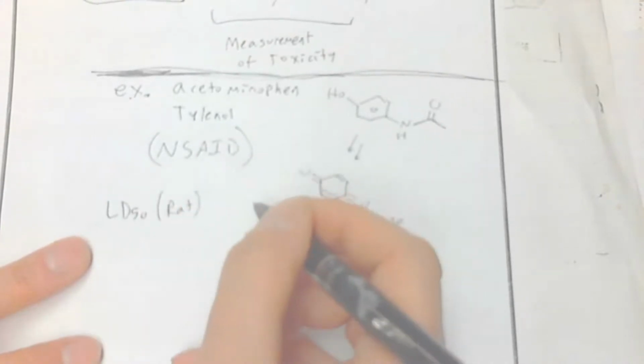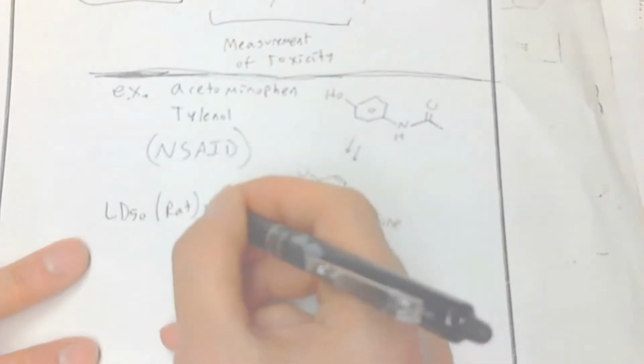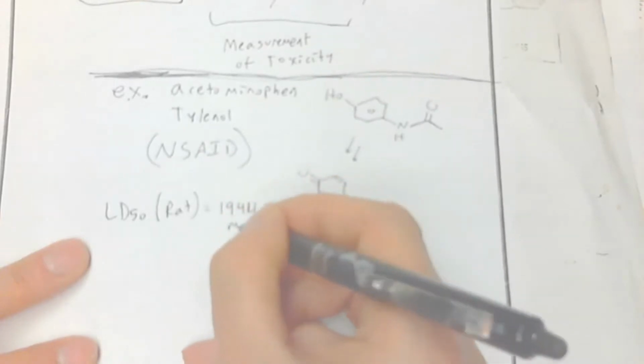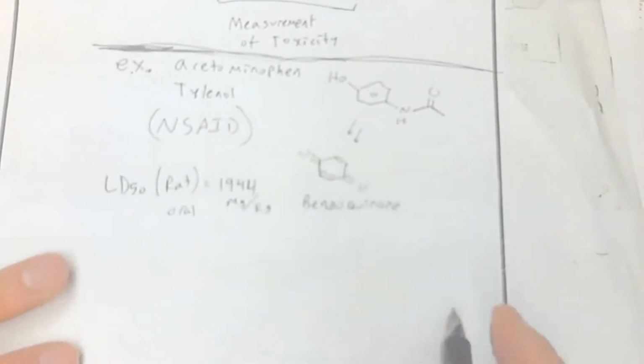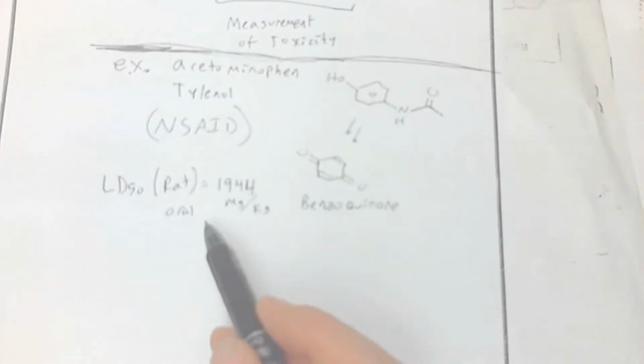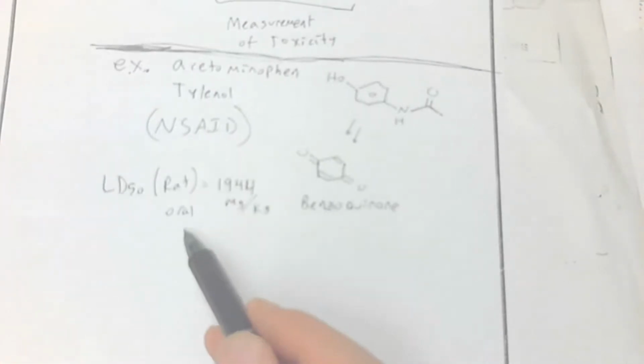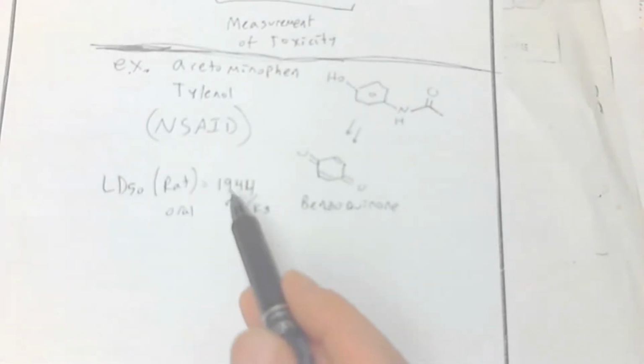LD50 in a rat is about 1944 milligrams per kilogram oral dose, because taking a drug orally will prevent absorption of some of it.